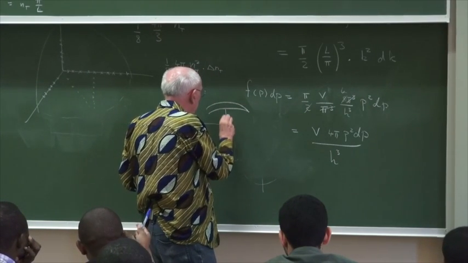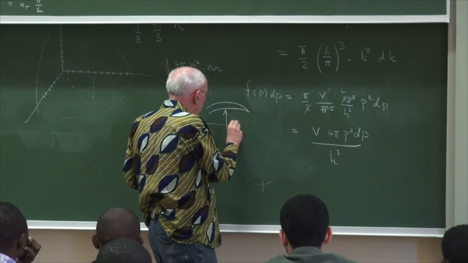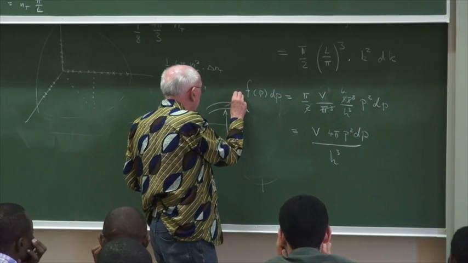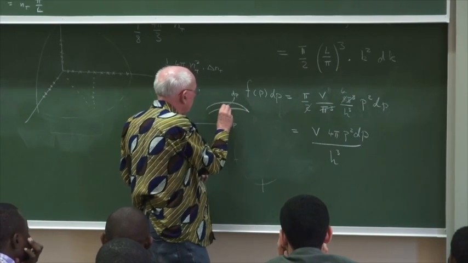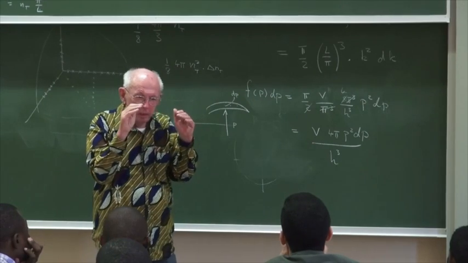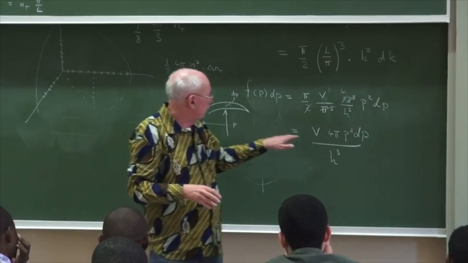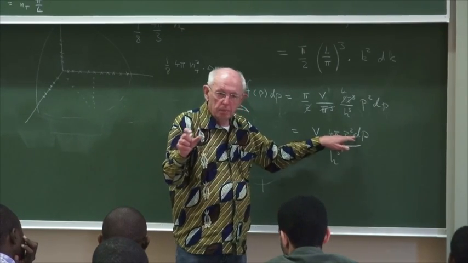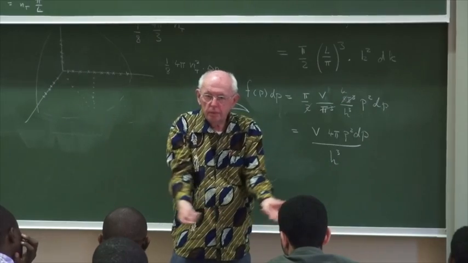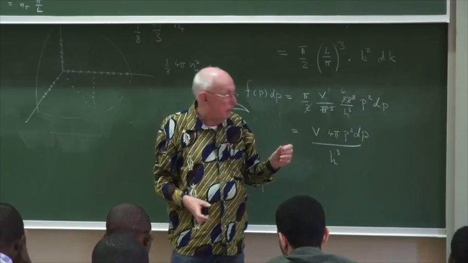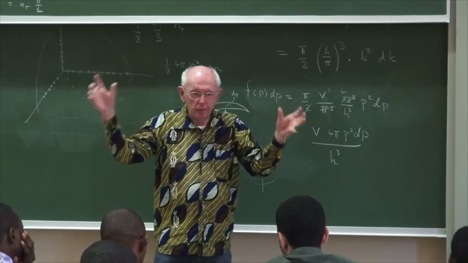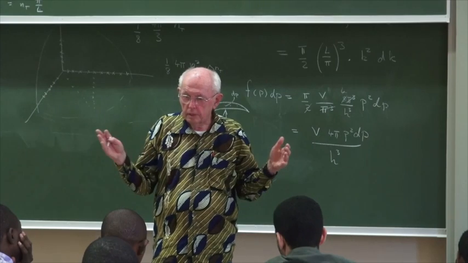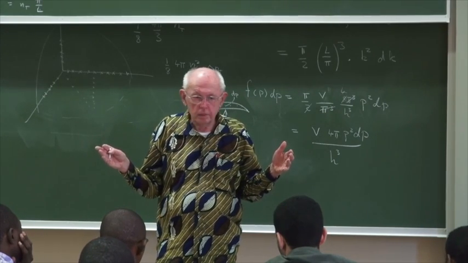So we have going up to p, and then this thing is dp, and so we're looking at how many states are between p and dp. So that is all the states, 4 pi p squared times dp, basically for the possible values of p, times the possible values in the x direction, which is L cubed.